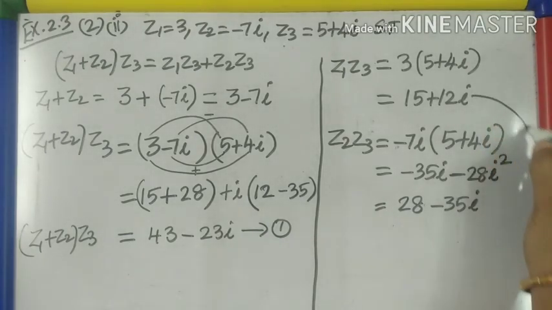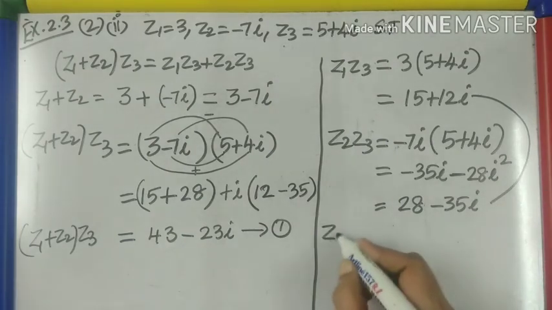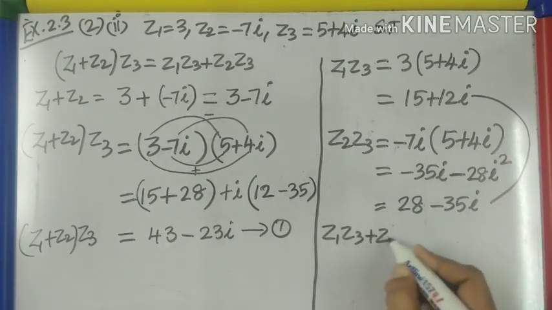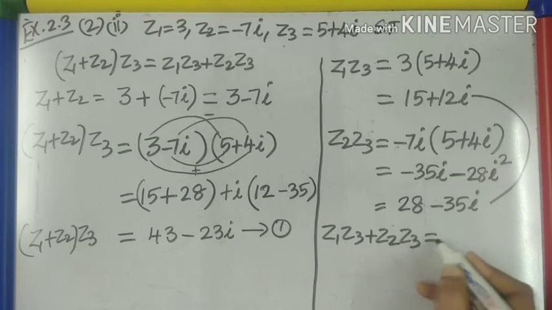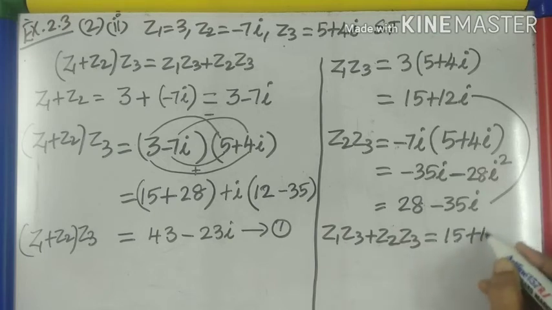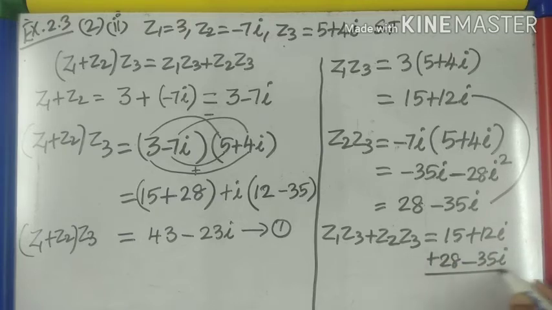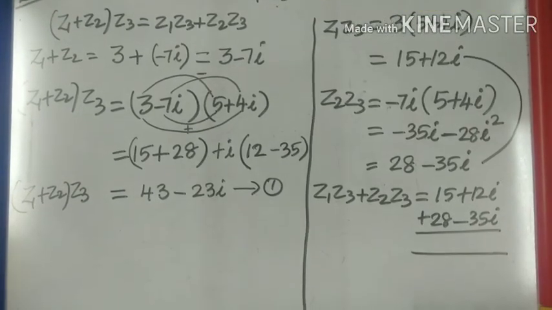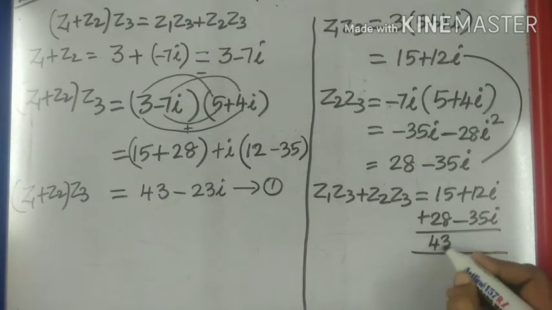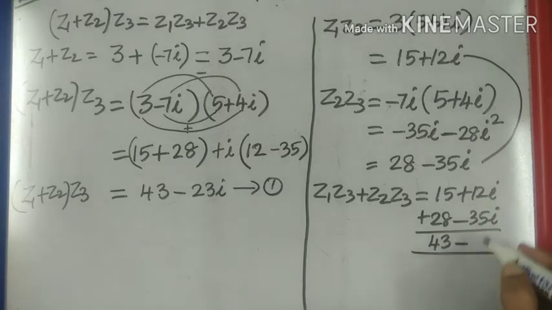Now I need to add these two. So Z1 Z3 plus Z2 Z3 equals 15 plus 12i, 28 minus 35i. We are adding. So my answer will be 15 plus 28 is 43, minus 35 plus 12 is 23i.